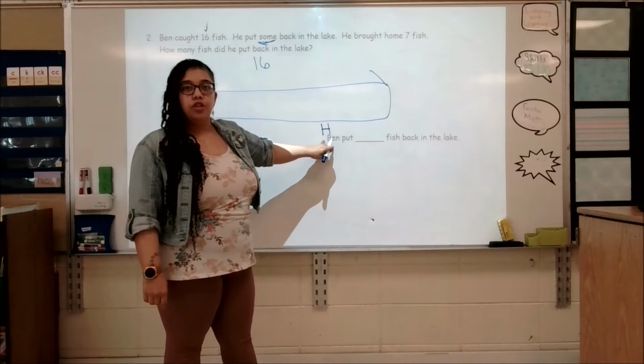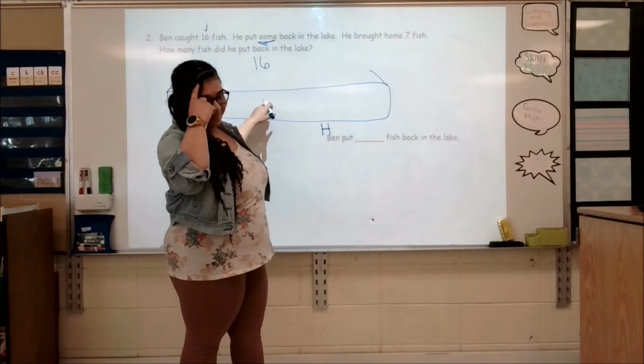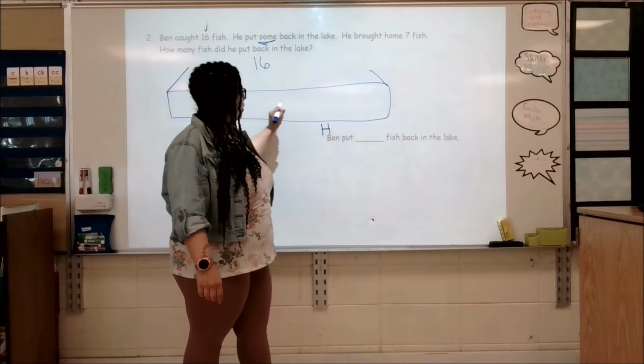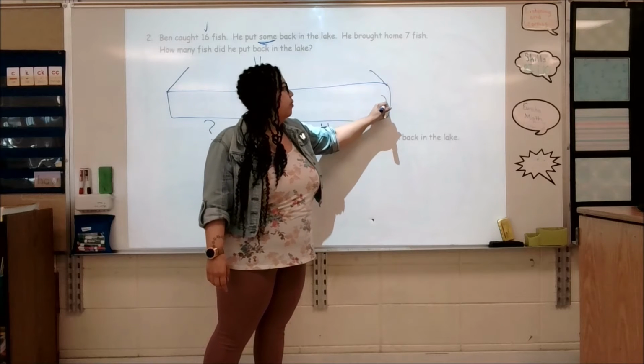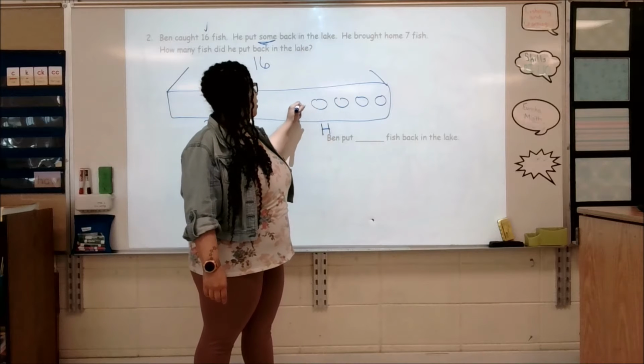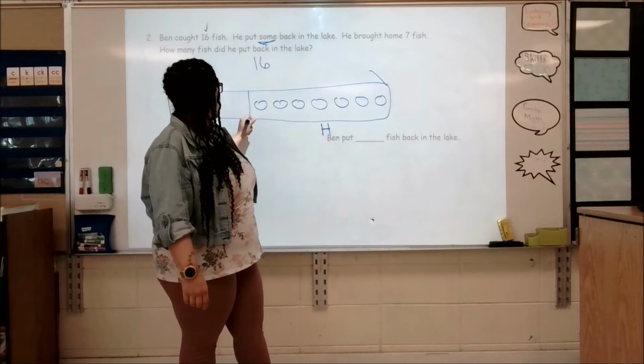And what I'm actually going to do is start drawing from the back so I know I have enough room. So let's count backwards. 1, 2, 3, 4, 5, 6, 7. Home.